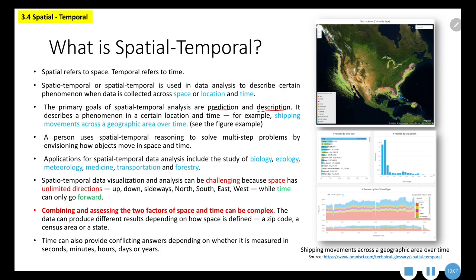A person who uses spatial temporal reasoning uses this data to help solve multi-step problems by envisioning how objects move in space and time.